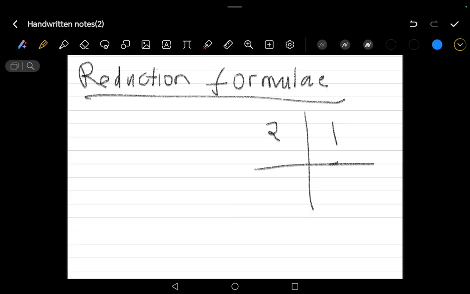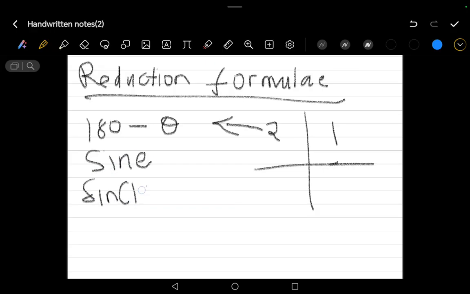On our second quadrant, the reference angle is going to be 180 degrees minus theta. This one is for the second quadrant. So sine of 180 minus theta is the same as what? The same as sine theta.